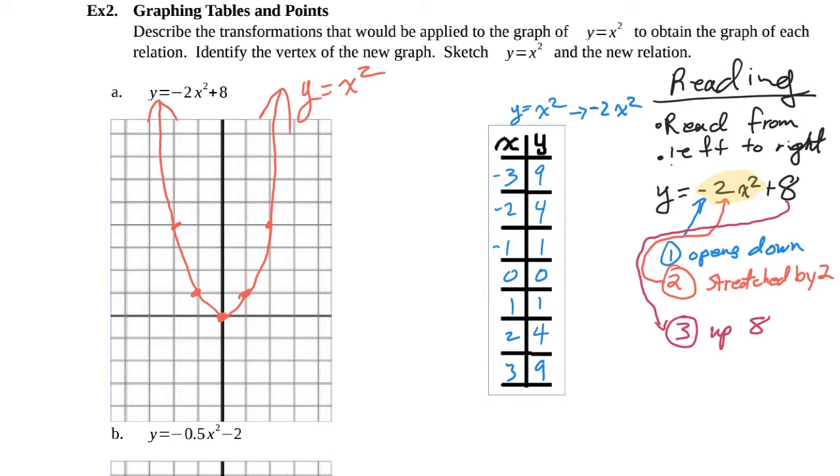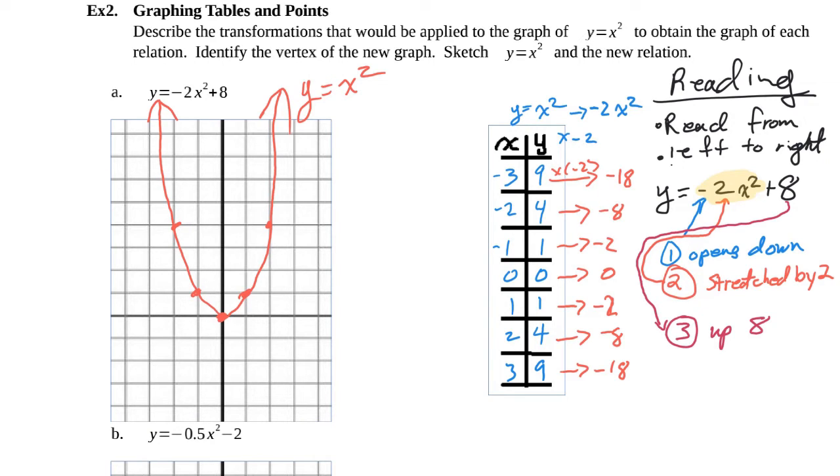So all we've got to do is multiply each of these by negative 2. So 9 times negative 2 gives us negative 18, and then negative 8, negative 2, 0, negative 2 again, negative 8, and negative 18. So all we have to do now is draw the graph with x is negative 3 and then negative 18, negative 2 and negative 8, and so on.